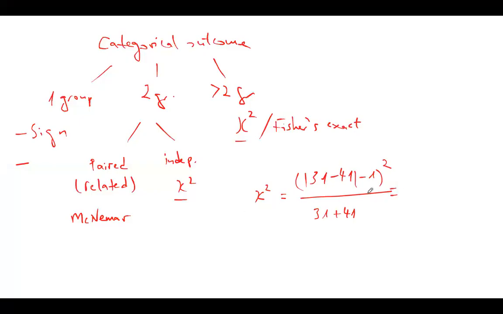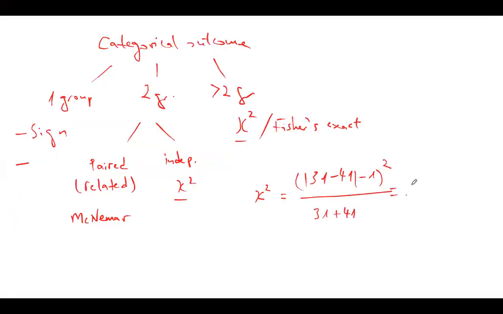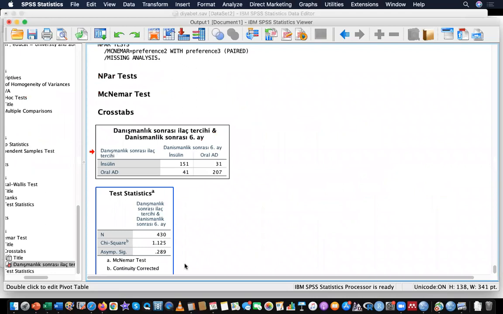And from this formula, the computer has calculated a chi-square value of 1.125. You remember, the higher our test value, the more significant our result will be.